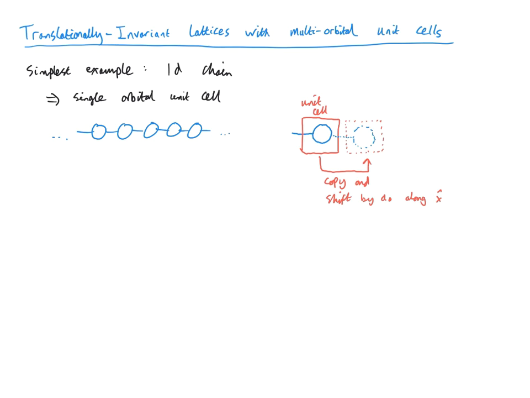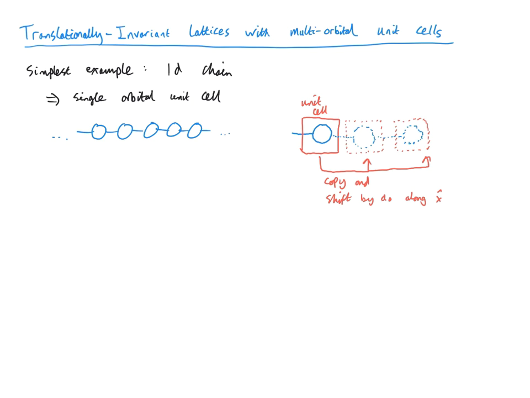And then if I copy it again, I get another one. When I copy and shift it, and thereby, by continually copying and shifting, I generate the whole system. So that's the simplest example. We already looked at that one.